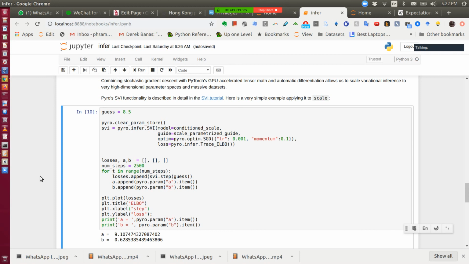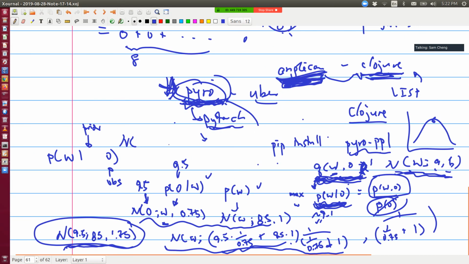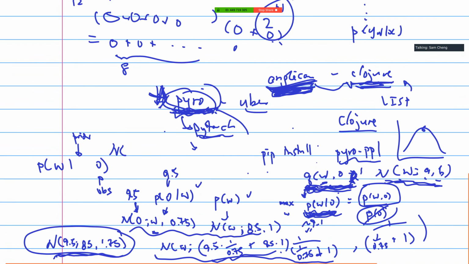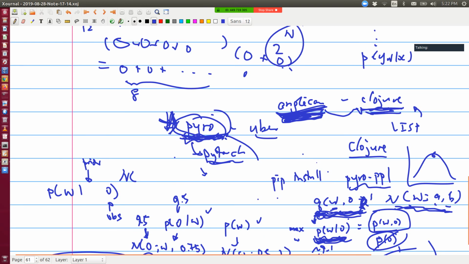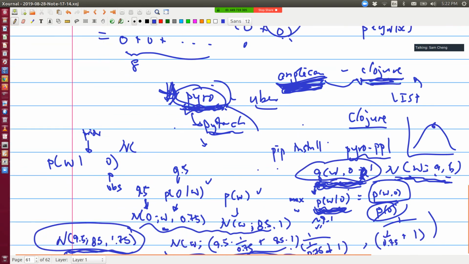Okay. But basically, using Pyro is kind of automatic. What you need to do is just specify the guide function. So what kind of guide function you're going to use here, right? You define what that guide function is, and then you just make it automatic.